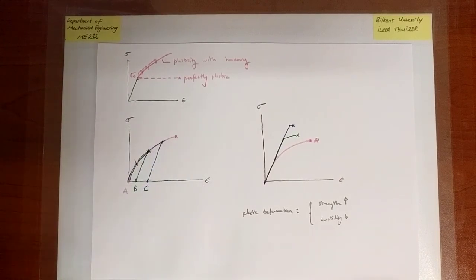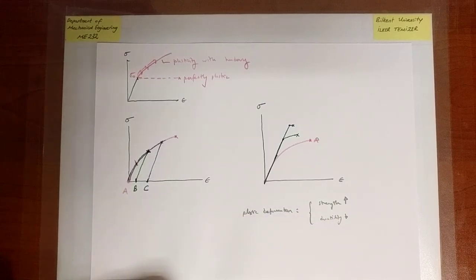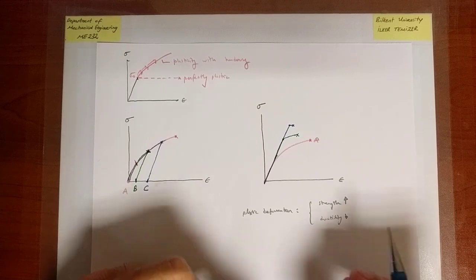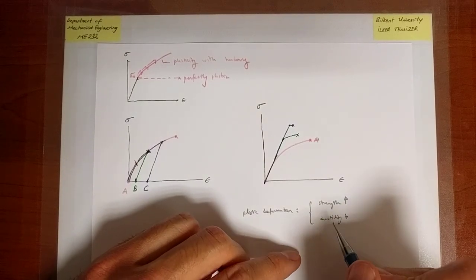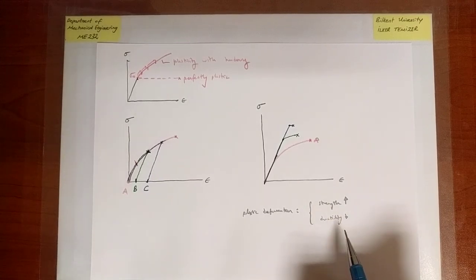Larger strength is something that's usually desired, so it is usually something that we want. But lower ductility is something that we really do not want. We want things that can deform as much as we want them to. This is particularly important for manufacturing when you want to deform metals into very strange shapes. So lower ductility is not desirable.